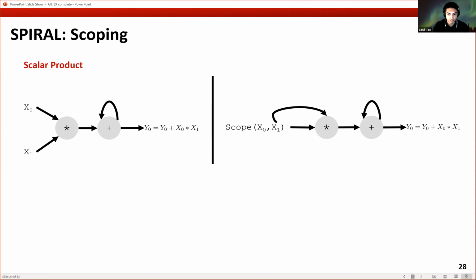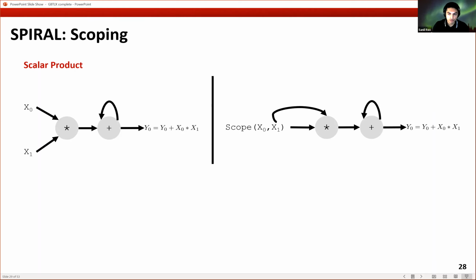If we take, for example, our scalar product again, we can see that it's a bilinear operation because we are going over two distinct spaces, x0 and x1. Through the scope object, we can bind x0 and x1 together and then use a variable to access both spaces and do that computation correctly and directly.